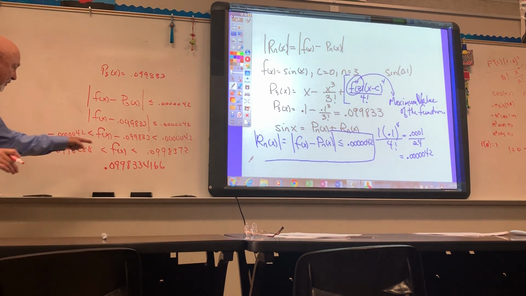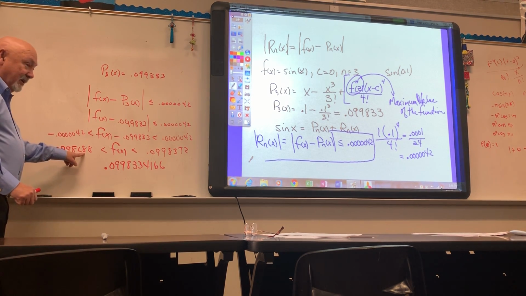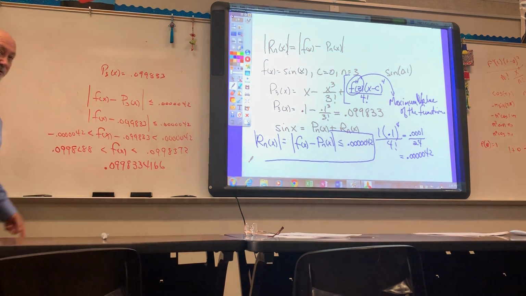Is that number between those two numbers? Yes. So you're getting to within tenths, hundredths, thousandths, ten-thousandths, hundred-thousandths, millionths in order to get an answer.